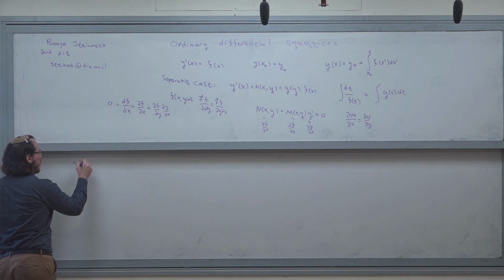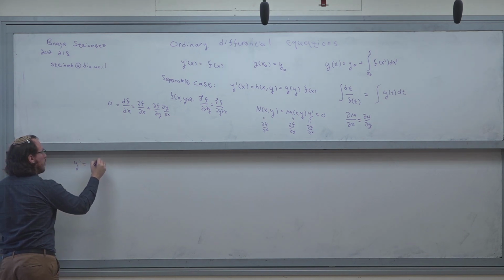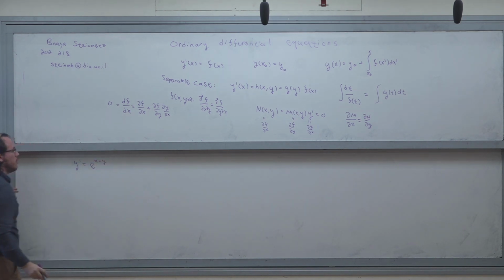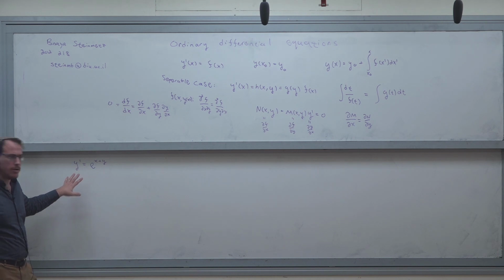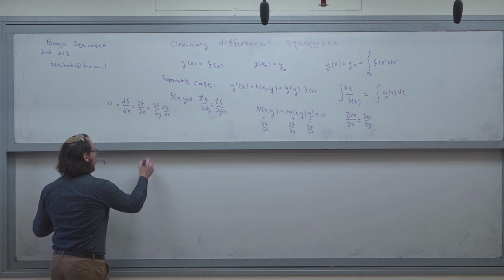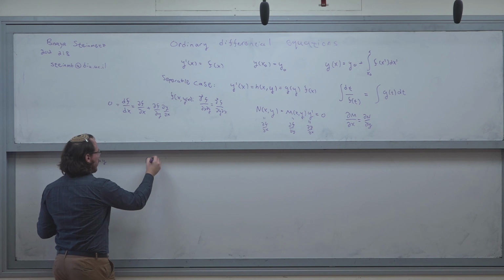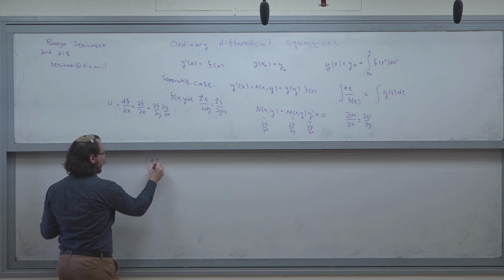So let's take the example of y prime equal to e to the x plus y. Is it obvious that it is separable? Right? It is fairly obvious. I don't need to check, so I would immediately separate.